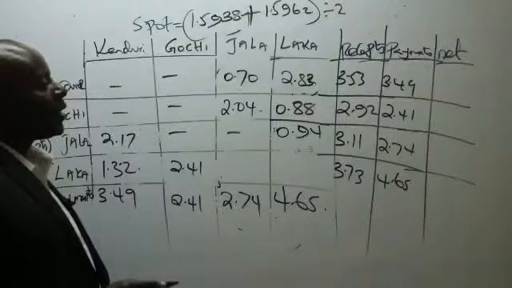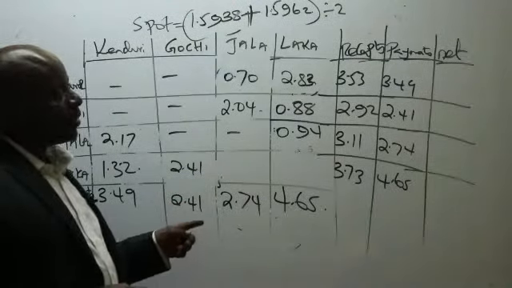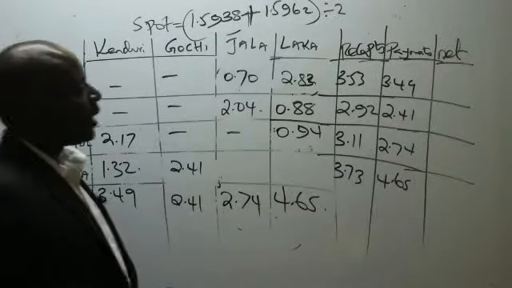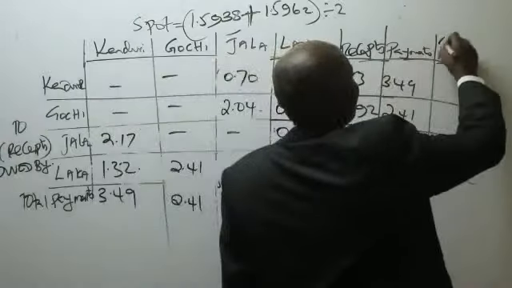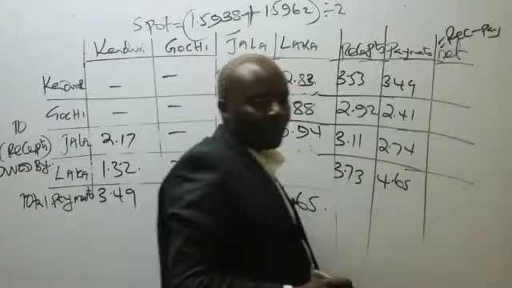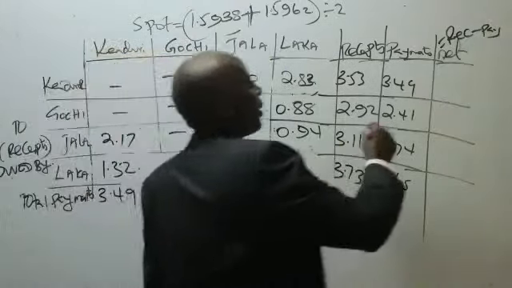So when you subtract, remember receipt is positive, payment is negative. The first one will be something positive. So remember net is receipt minus payment. Receipt minus payment. So the first one, Roba tells me, is 0.04.